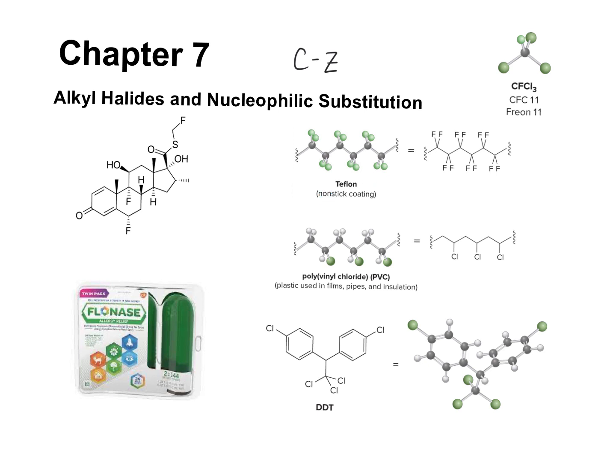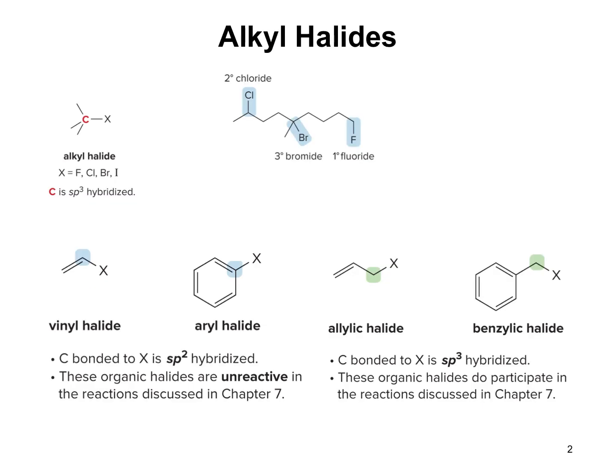We have Teflon, which is a non-stick coating that you would find in your pans. Polyvinyl chloride, or PVC, is a plastic that's used in films and pipes and insulation. This is fluticasone, which is used in Flonase. And so without any further ado, let's jump into alkyl halides.